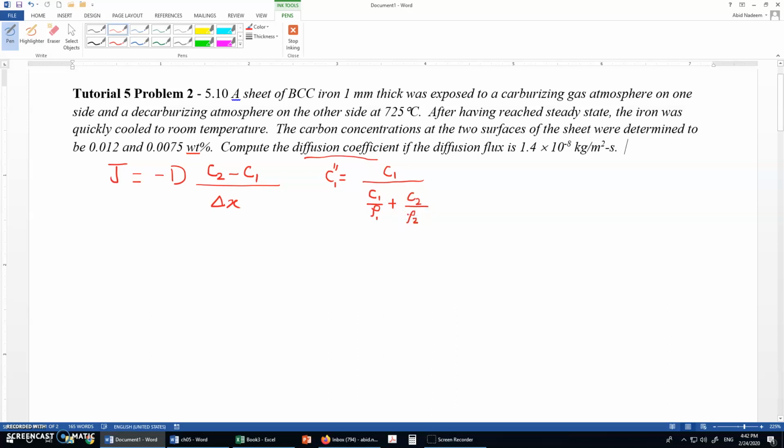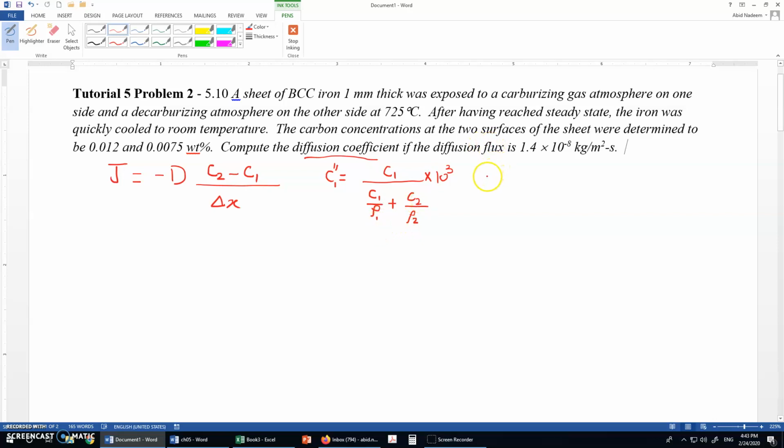For example, if we denote carbon by number 1, then C1 and C2 here are the concentrations in weight percent. For this equation we need to know the rho values, which are the density values.